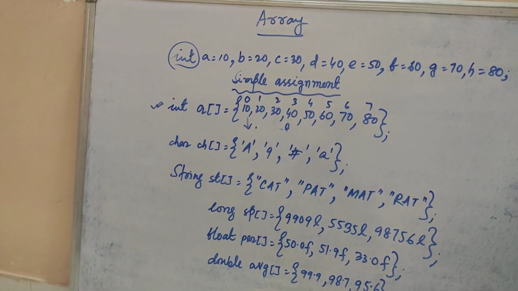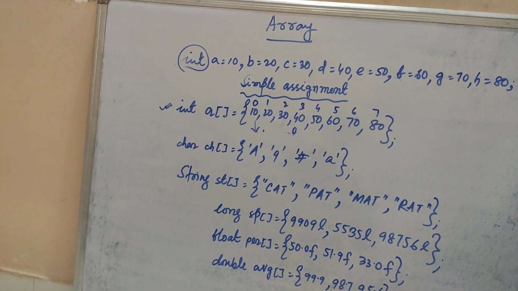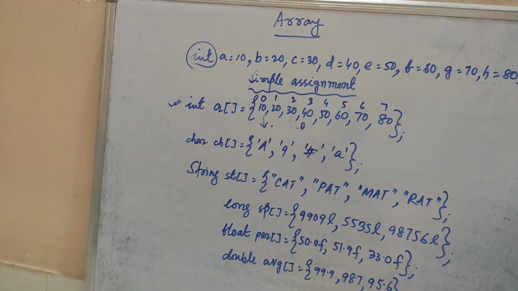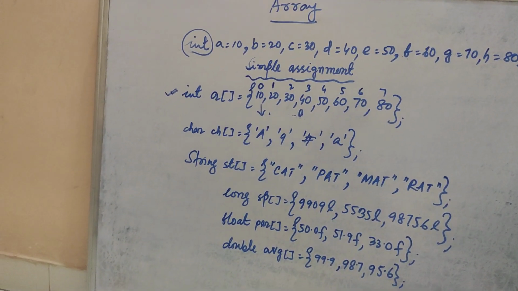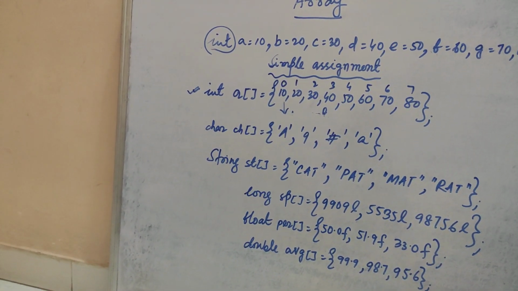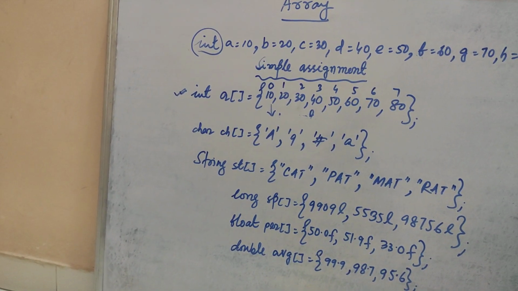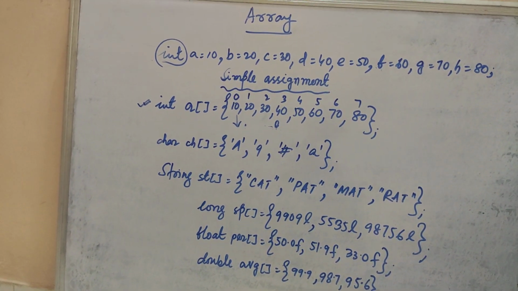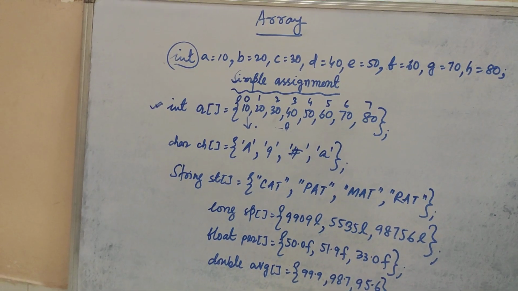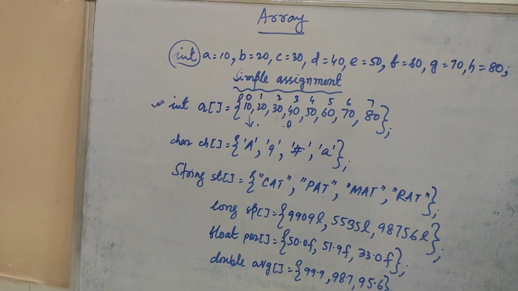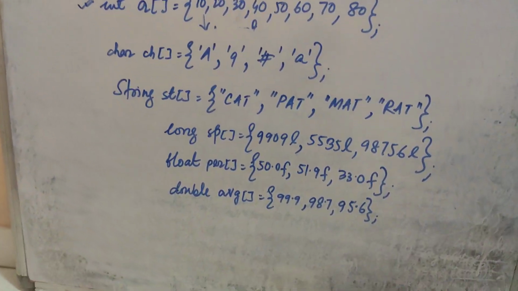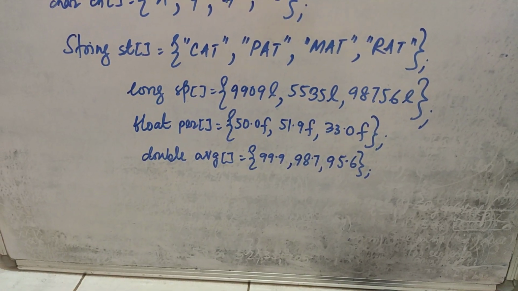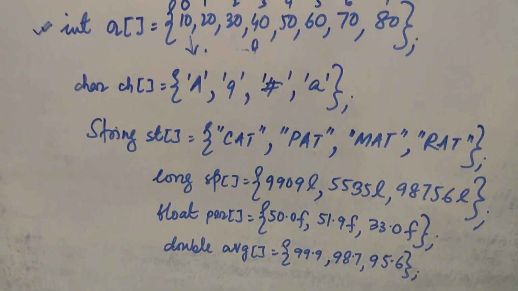Again I am telling the definition of array. Array is a reference data type, or you can say composite data type, or non-primitive data type, which helps us to take a group of values of the same data type. Group of values, but the same data type.